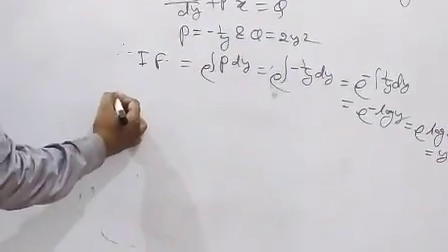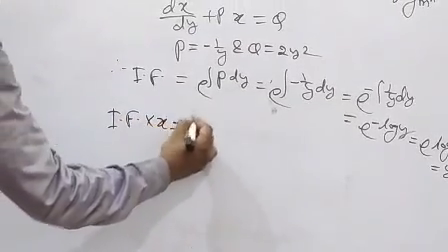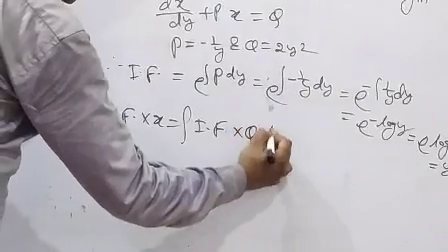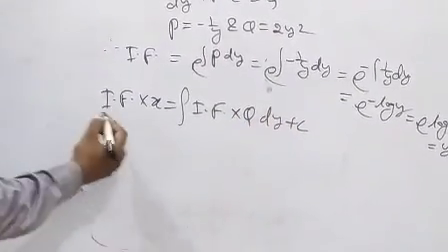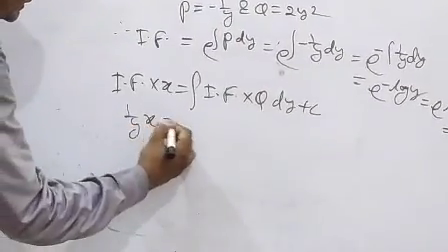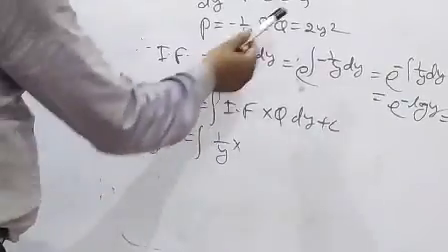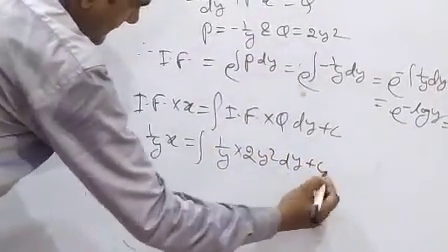Now required answer is what? Integrating factor into x is equal to integrating factor into Q dy plus c. What is the integrating factor? 1 by y into x is equal to 1 by y into what is the value of Q? 2y square dy plus c.